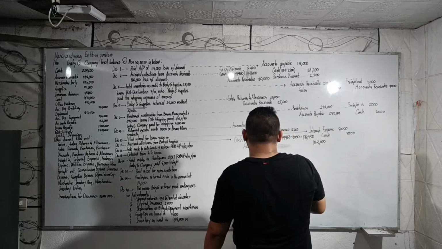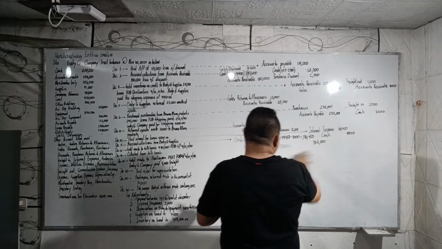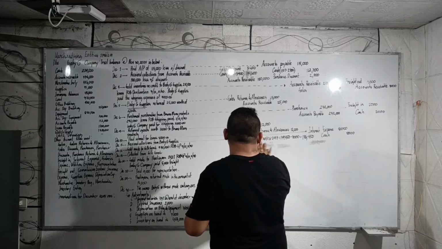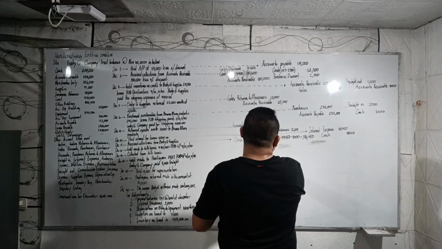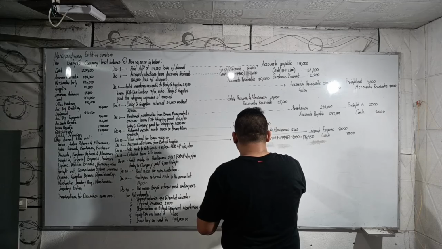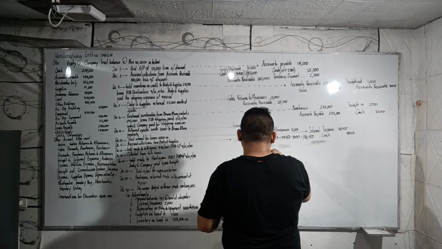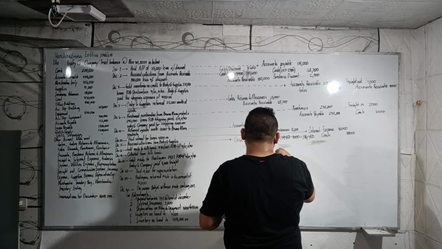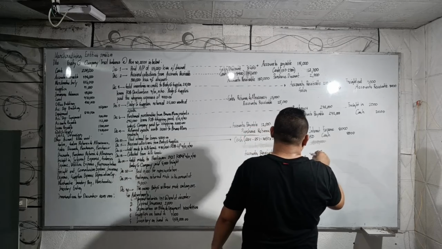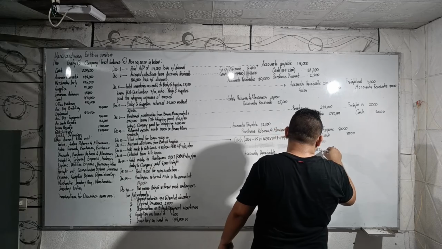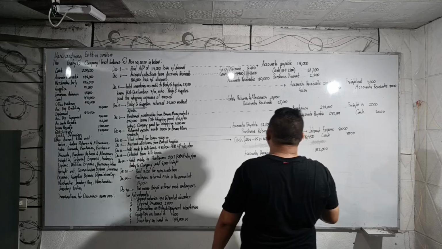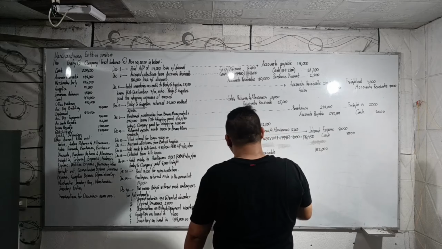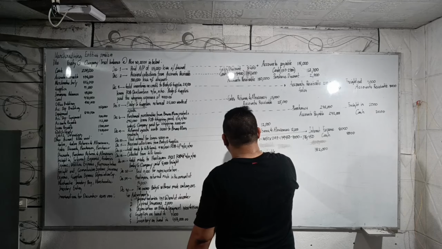Of course, another debit. So again, the accounts receivable is 182,000, and we have sales discount.